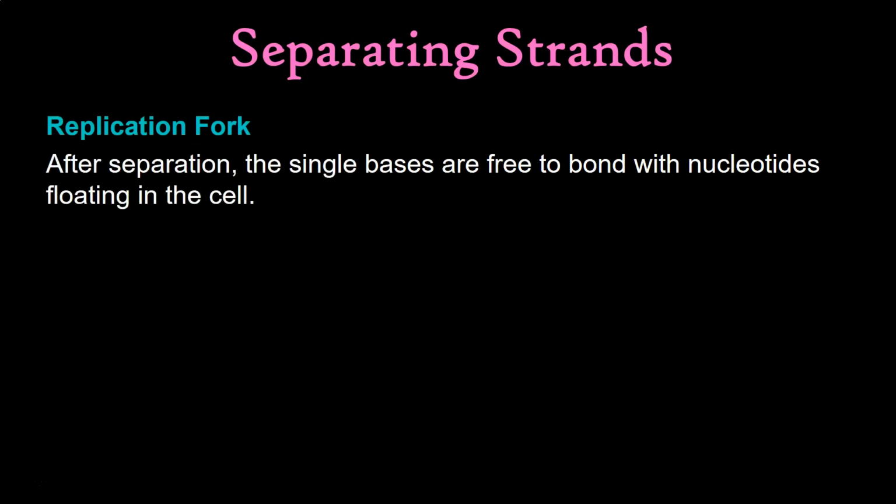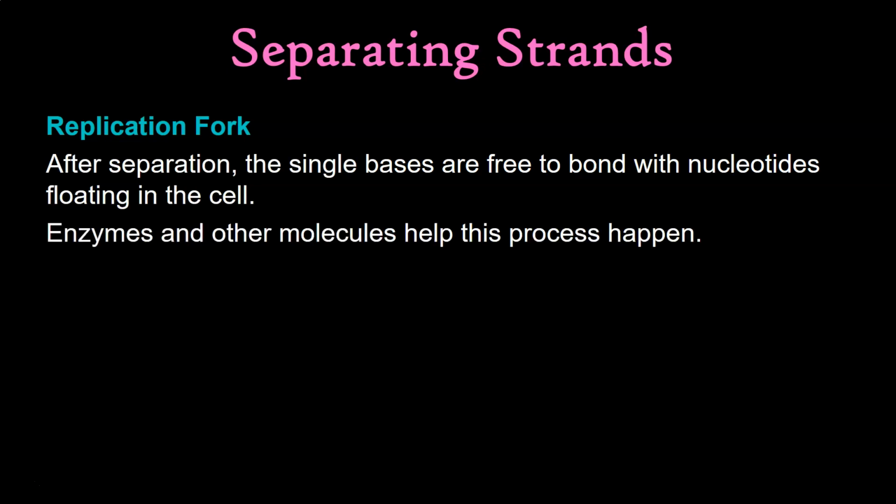Well, after separation, the nucleotide bases have a free end. They're not bonded to their opposite partner anymore. They are free. And so they can now bond with nucleotide bases which are not in a strand, just floating around in the cell.